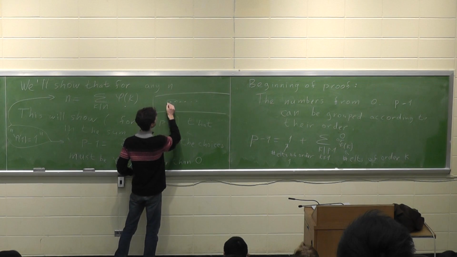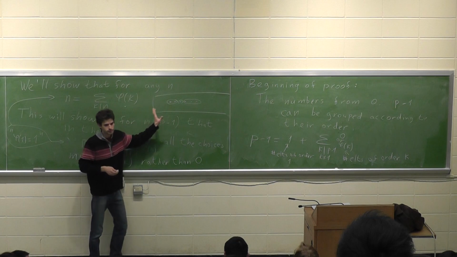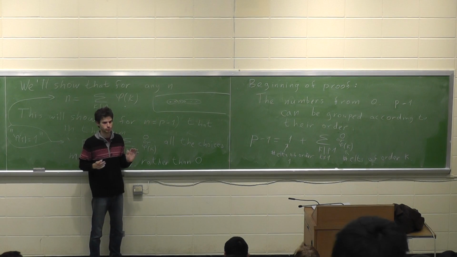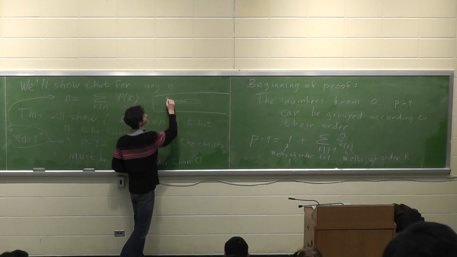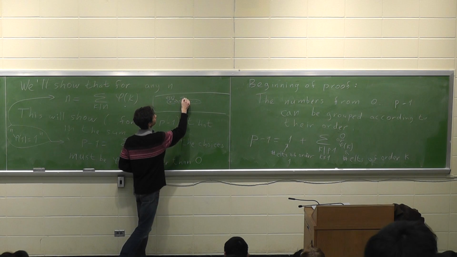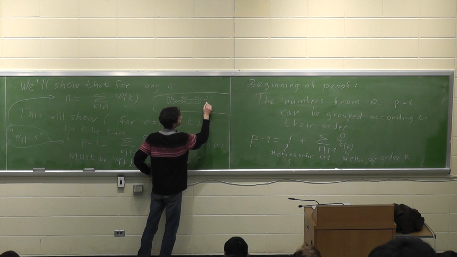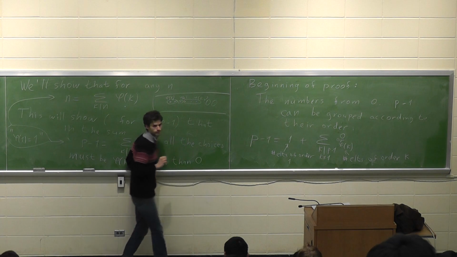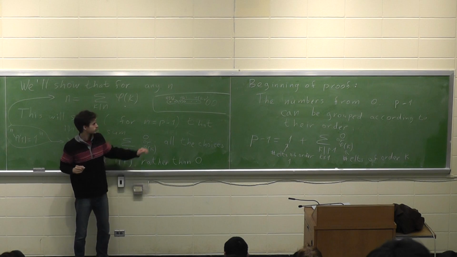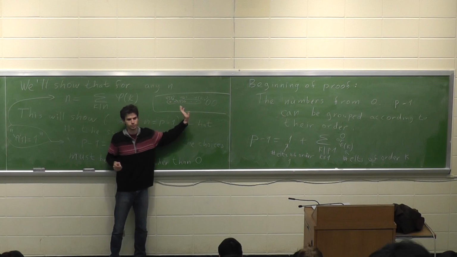In each group, there are either φ(k) elements, so φ(k1), φ(k2), φ(k3), or maybe 0. So some groups might be empty.